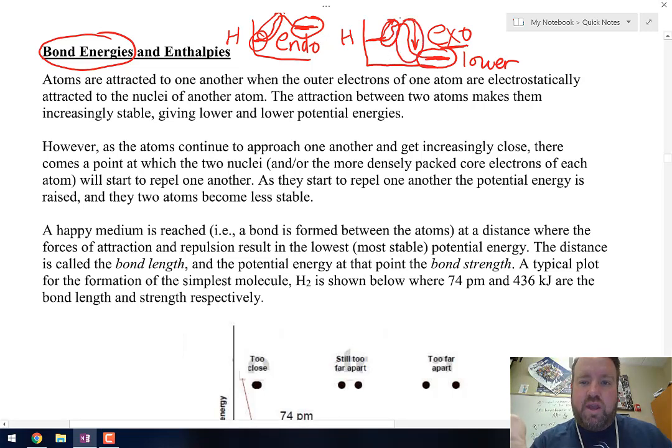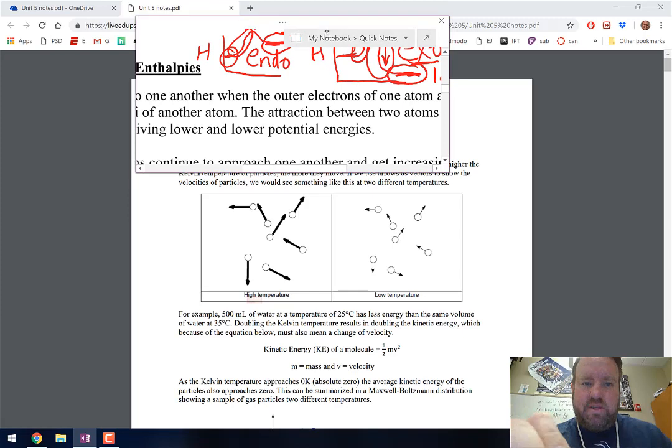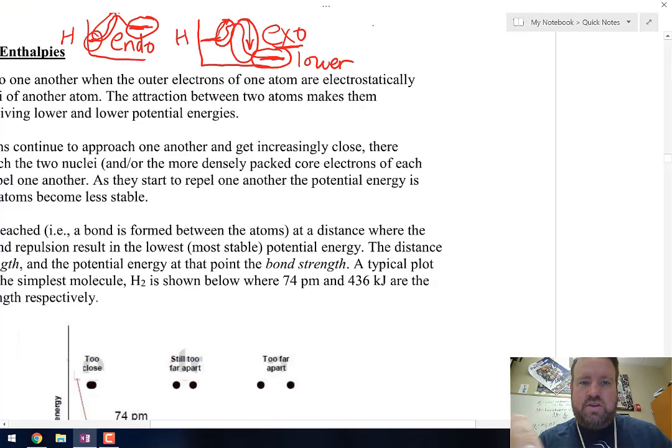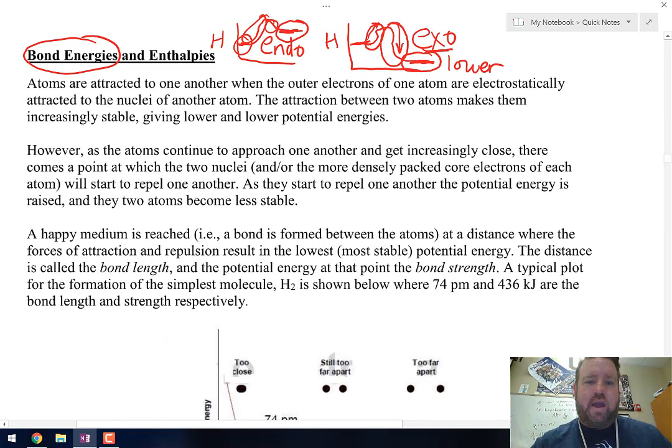So again, there's our exothermic process right there. Bond energy is just that: how much energy it takes to break those bonds, that climb up the hill, and then how much energy is released when those new bonds are formed, and that, again, is our energy releasing process.